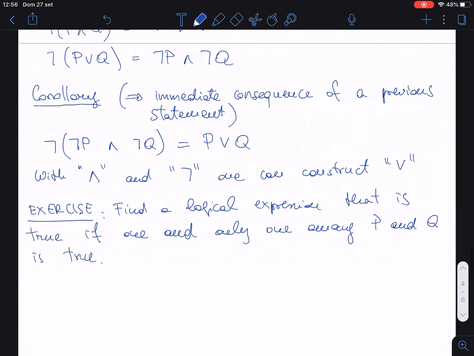So you have to use P and Q and then connect them through various logical connectives and find an expression that is true when only one is true.